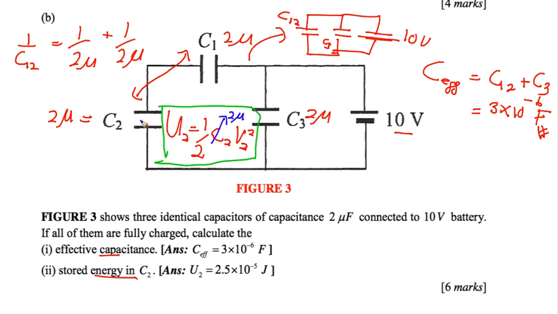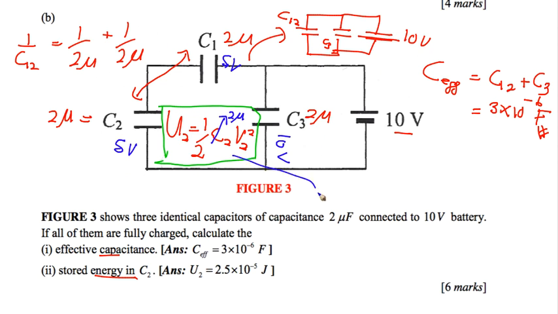Because this is a parallel arrangement, the voltage here is also 10 volt, and because these are identical, the 10 volt is split in half, so this is 5 volt and this is 5 volt. Because 5 and 5 is 10, and the parallel branch is 10. So the V2 here is 5.